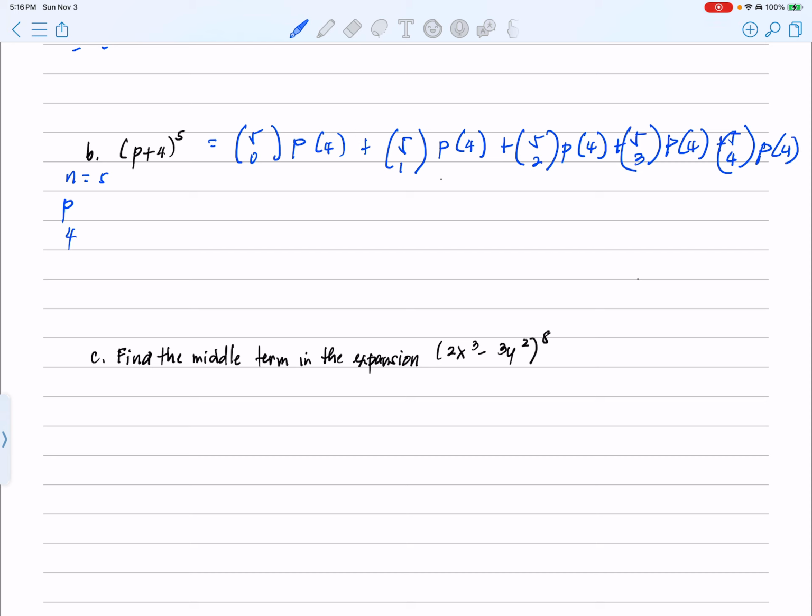I have it plus 5 choose 5, p times 4. All right. I will assign the exponents now. Since it starts with 5, what did it say? n minus r. Okay, our r is 0 here.